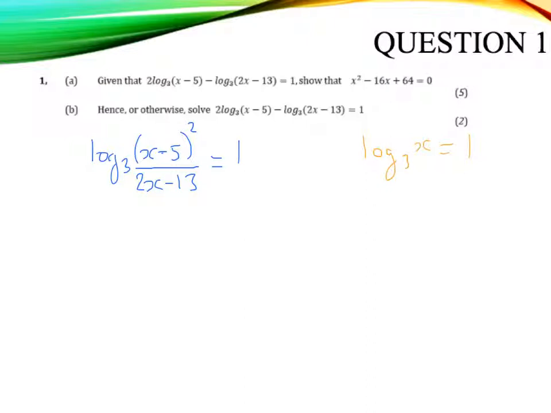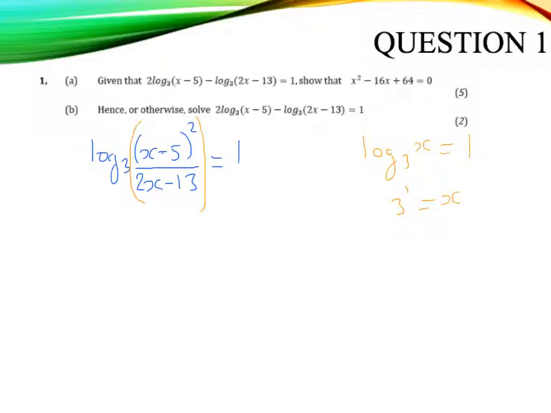Or I could write 3 to the power of 1 equals x. So all I'm really doing here is suggesting that everything in this big orange bracket has got to be 3. It can't be anything else. The reason it's got to be 3 is that log base 3 of 3 is 1.